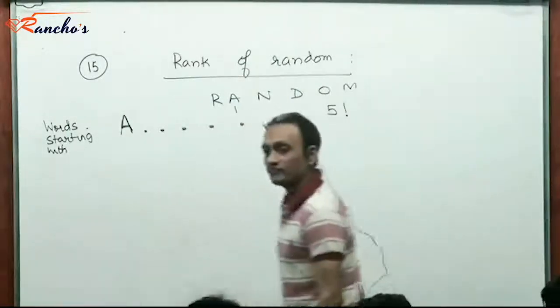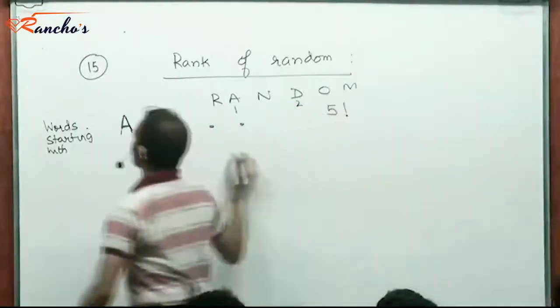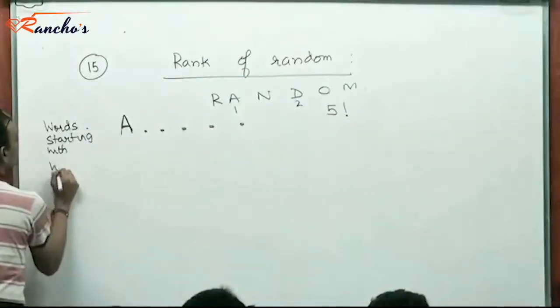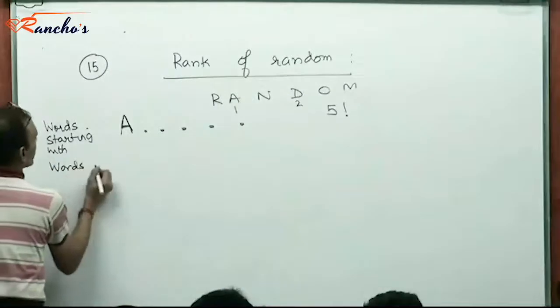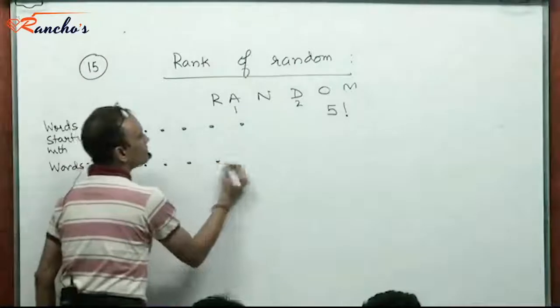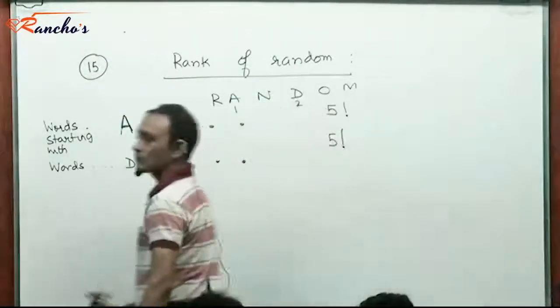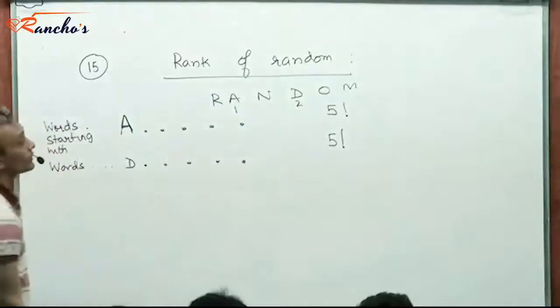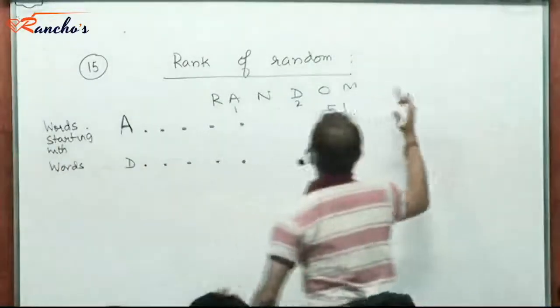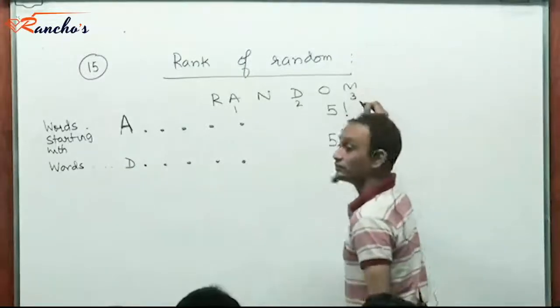So A first, then D. Words starting with D. Again, 5 spaces to be filled up in 5 factorial ways. Words starting with D. A, B, C, D, E, F, G, H, I, J, K, L, then M. M would be rank 3, right?